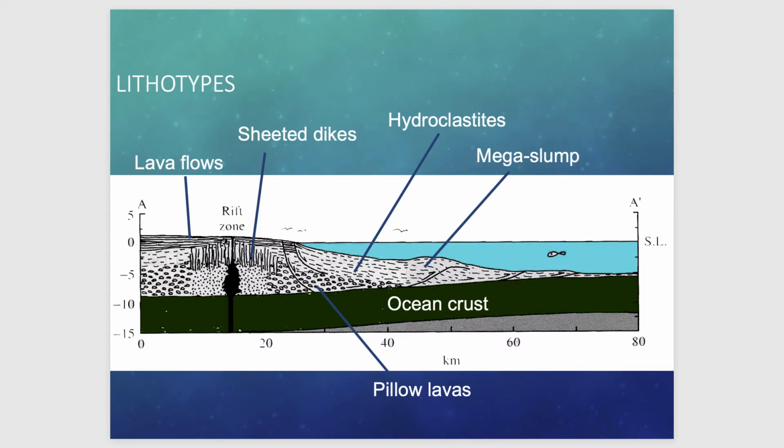So there are different lithotypes that we find on a shield volcano in response to these complicated interactions that we find with seawater. So quite often at the base of the oceanic crust, we tend to develop a feeder system for the magma, and usually around the complex of the magmatic chamber that hosts the magma, you tend to have sheeted dike complexes that form right on top of this zone.